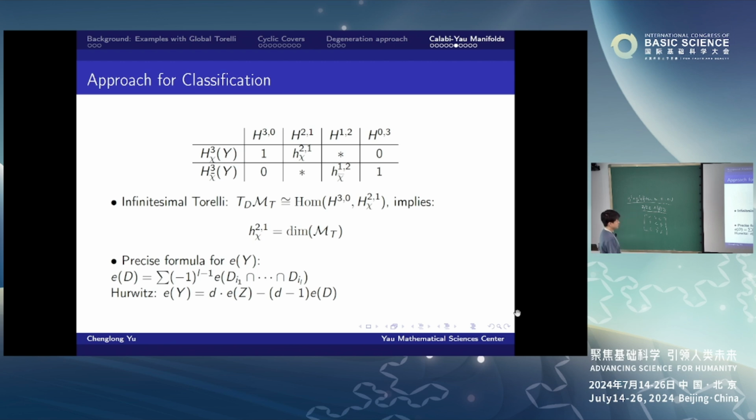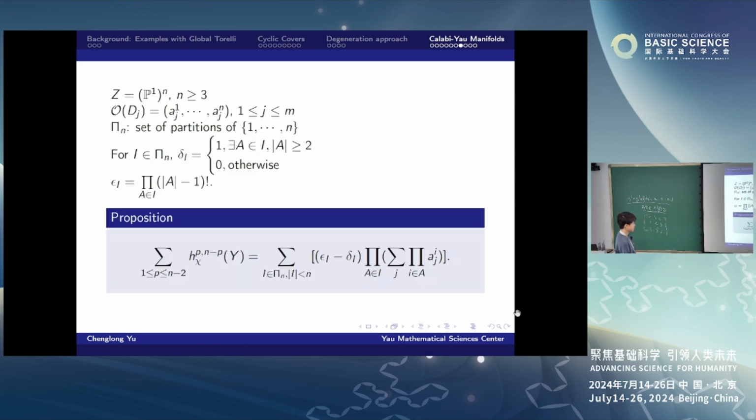All right. So the approach to the classification, I won't say a lot more on this. We need infinitesimal Torelli and some calculation of Hodge numbers based on Euler characteristics. And there are some combinatorics behind this.